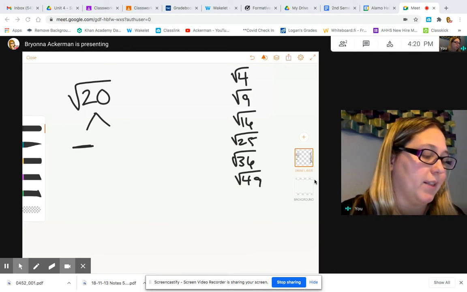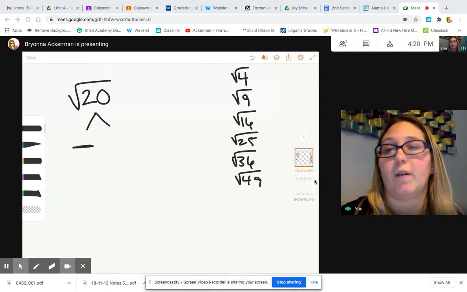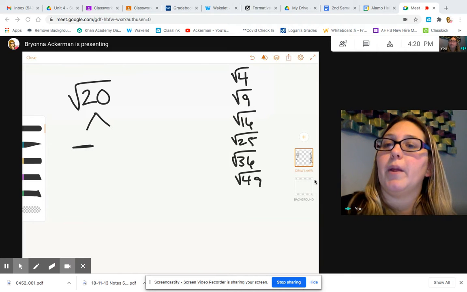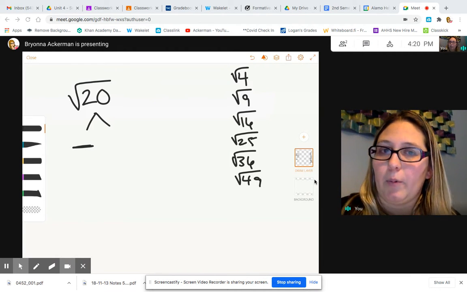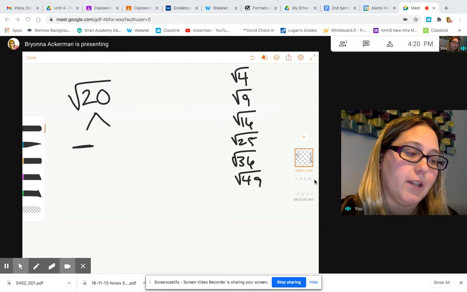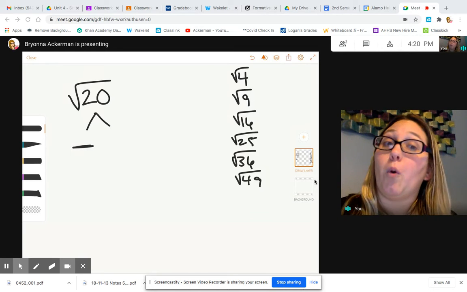I can keep going: 7 times 7, 8 times 8, 9 times 9, 10 times 10, 11 times 11, 12 times 12. But right now I'm looking at the square root of 20. I want to grab the biggest off the list that goes into 20 evenly, and out of this list, 4 works.